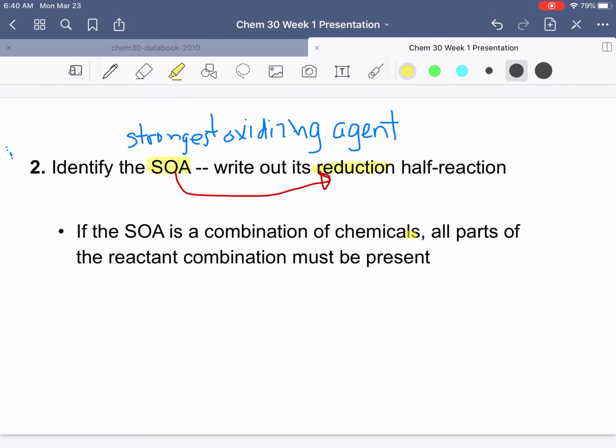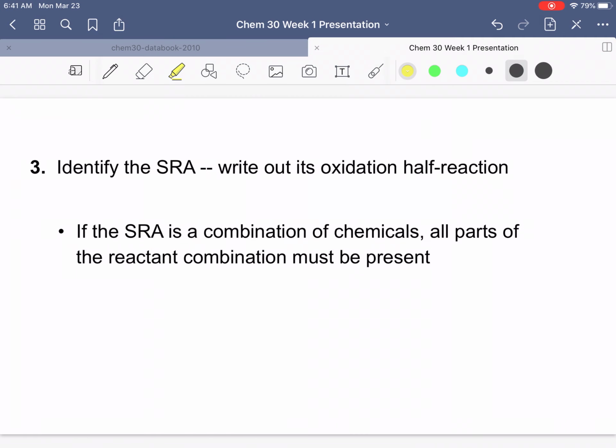Oftentimes, we'll end up with a situation where it's a combination of chemicals. It's not just one chemical individually that's acting as the strongest oxidizing agent. You have to write them all down. Again, I'll show you what I mean in a moment. If you have to identify an SOA, the next step naturally is to identify an SRA, which once again stands for your strongest reducing agent.